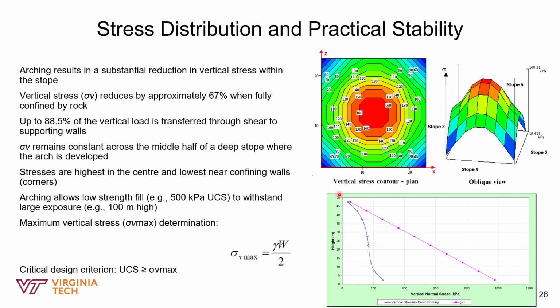The diagonal line represents the hydrostatic stress, which assumes no arching, and the curved line shows the actual vertical stresses down the arching material.